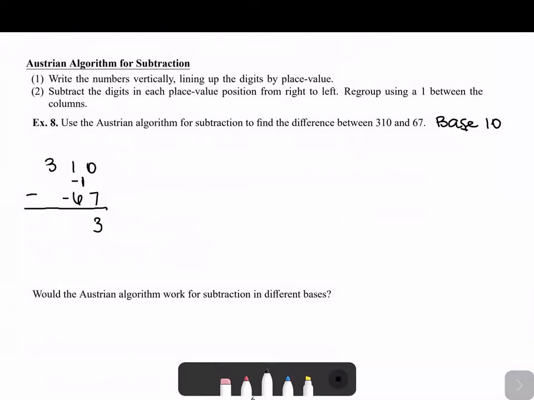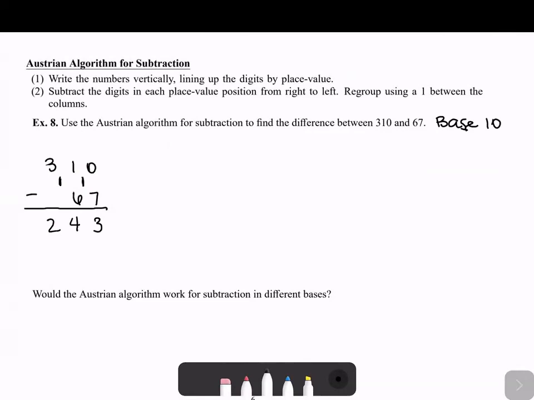Because we cannot do that, we are going to put another 1 right there. So now we're going to treat this like 11, and treat this like 11 minus 1 minus 6. When we do that, 11 minus 1 is 10, minus 6 is 4. So I'm going to clean this up, and this is going to be 4. And then in our hundreds place, it's just going to be 3 minus 1, which is 2. So when we do this, we get 243.